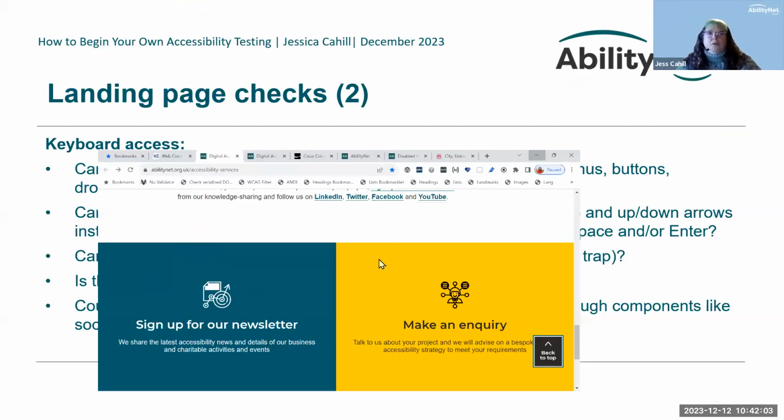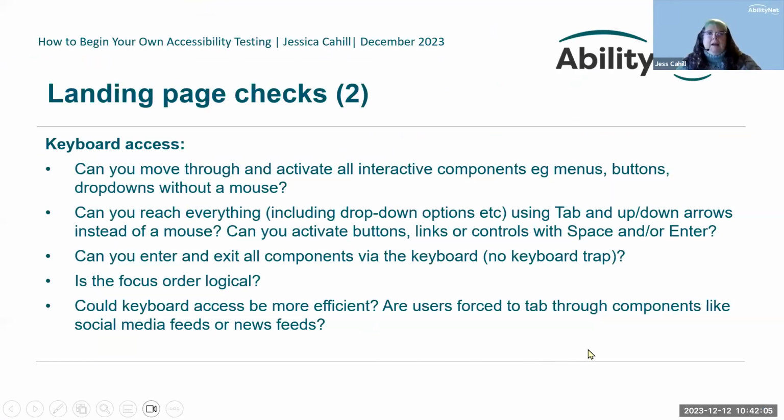We want to make sure, though, that we can get into and out of all components. So there isn't a keyboard trap. So a common keyboard trap might be where you've got a modal that pops up over the screen. So sometimes it can be the case that you can't get into that modal, or once you've got into it, you can't get out of it, for example, or you get stuck in a form field or a social media feed, something like that.